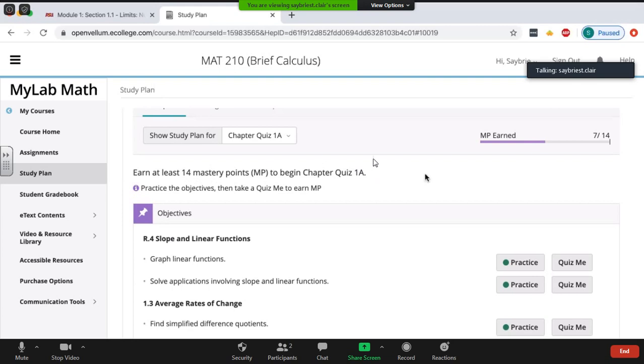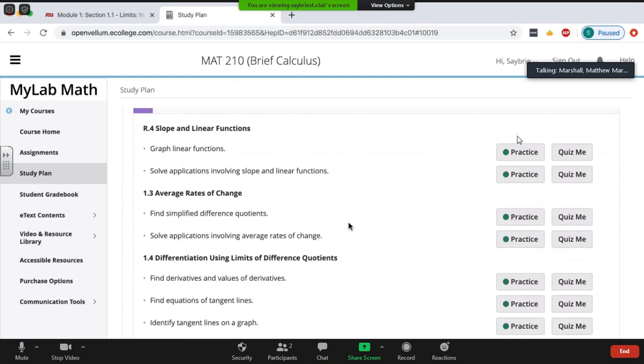Right, but the quiz won't activate until you get 14.